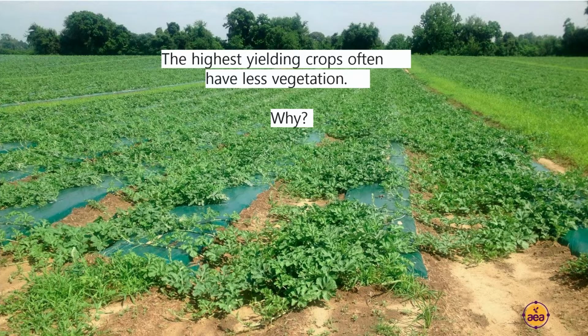So this is actually, I don't recall exactly which stage this photo was taken, but this is a photo of a record-yielding watermelon crop that we harvested over 70 tons per acre from. And at harvest, the plants did not completely cover the plastic rows. They had put much more energy into the fruit than they had put into plant vegetation.